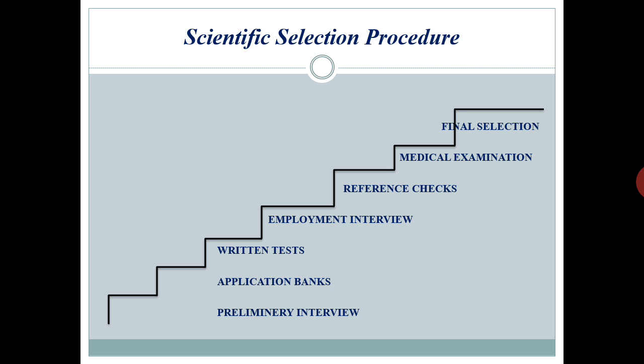For example, if you are hiring a manager, and the basic eligibility for that position is that you should have completed your bachelor's degree, and one of the candidates who has approached you through the interview was just 10th pass.